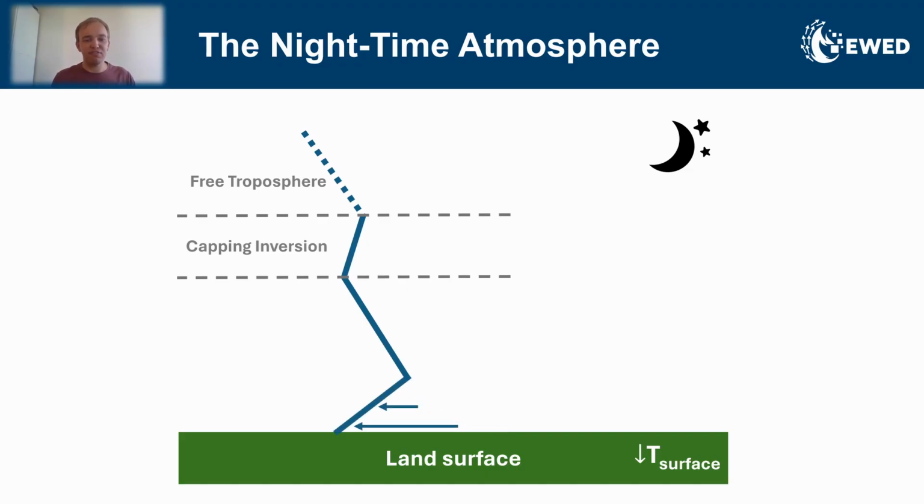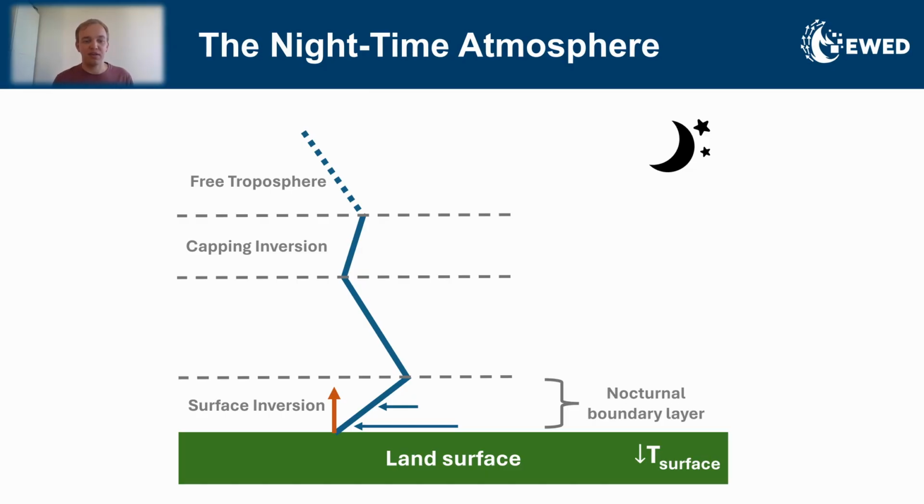And this causes the development of a surface inversion, meaning that near the surface, the temperature increases with height, similar to the capping inversion. And this means, similarly, that when air parcels want to rise, that does not happen. Because when they rise, they become colder than the environment and thus more dense than the environment, inhibiting vertical rise.